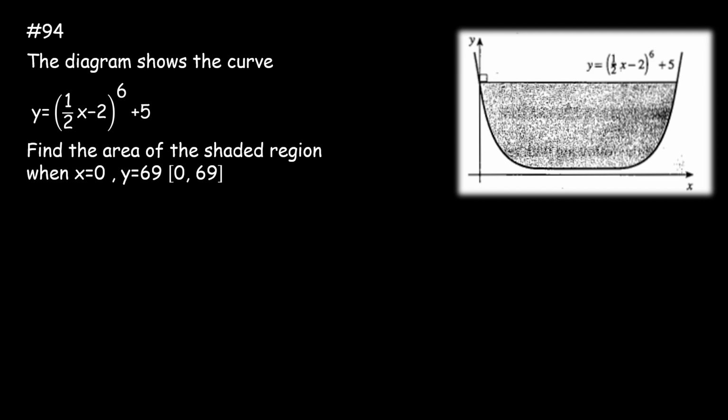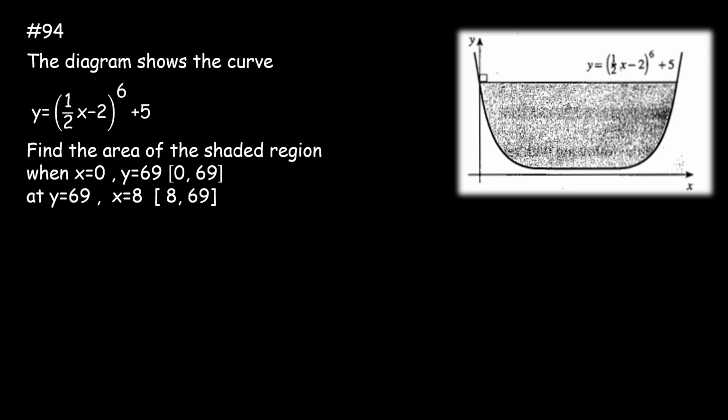So now that we know that's the top function, and we also know the bottom function, we're going to subtract the bottom from the top. Also, we need the second point that intercepts with the line y equals 69. So when y is equal to 69, x would be equal to 8.